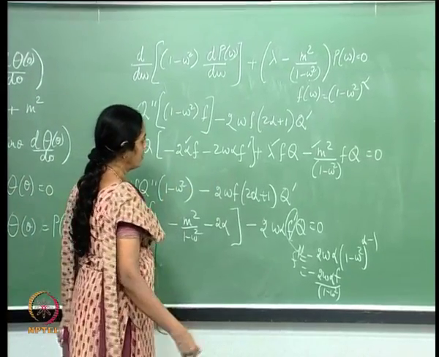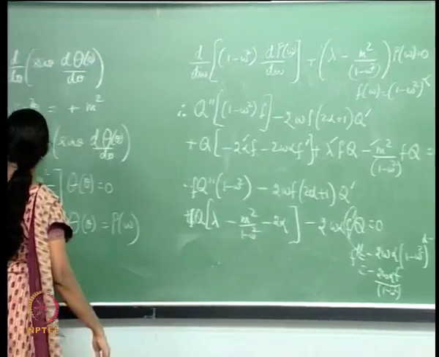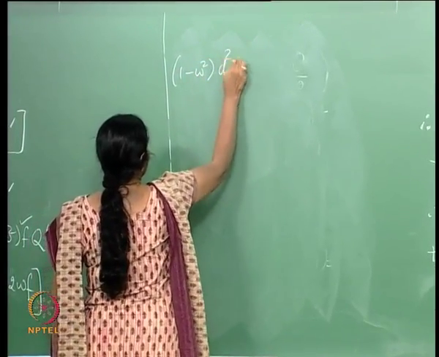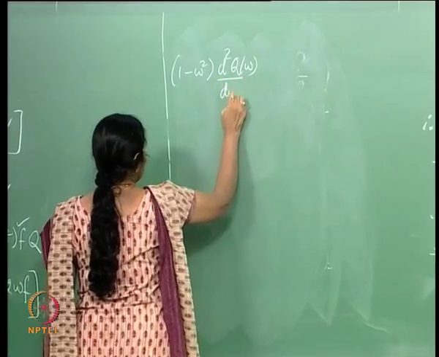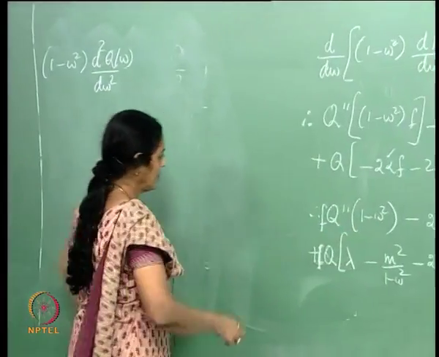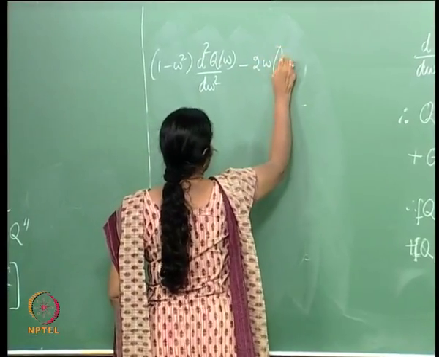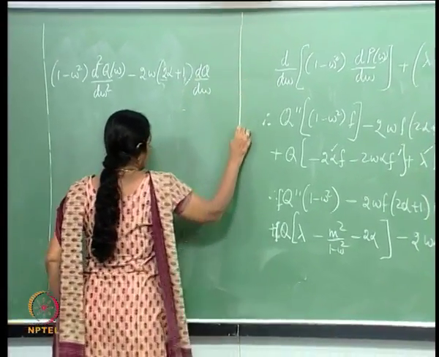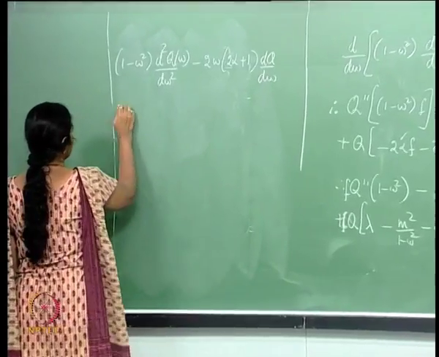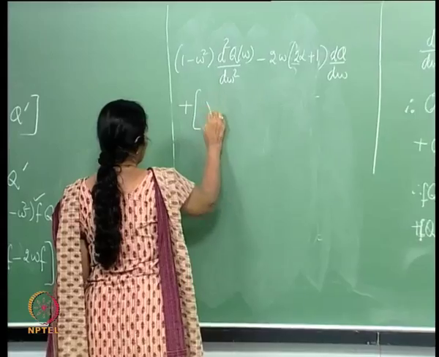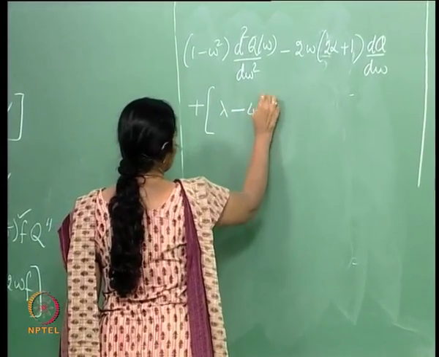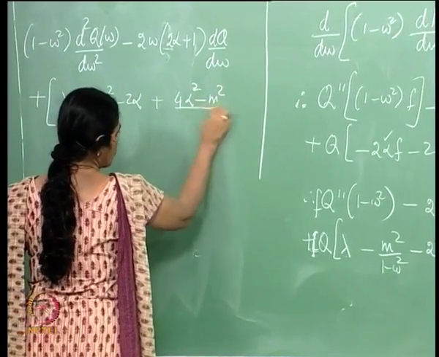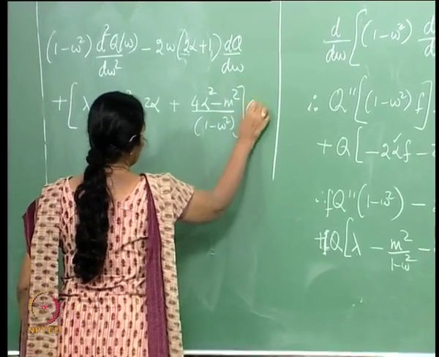You can cancel f everywhere, and the equation simply becomes, in simplified form, (1 − w²) d²q/dw², that is the first term, minus 2w times (2α + 1) dq/dw, that is the second term, plus lambda minus 4α² minus 2α plus 4α² minus m² by (1 − w²), times q, equals 0.